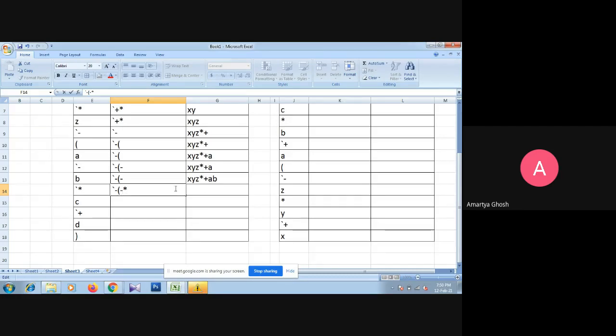Okay, so now this will remain the same. Now C is the operand, so it will directly come into the post position of the postfix. Okay, and the stack will remain the same.